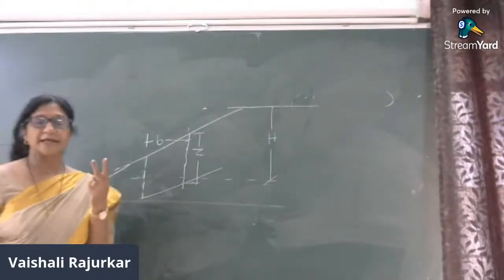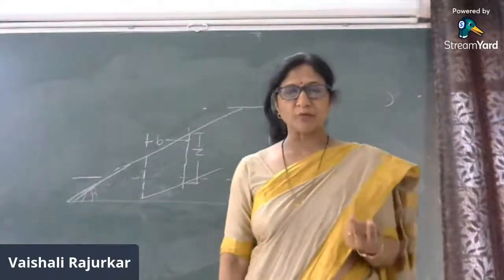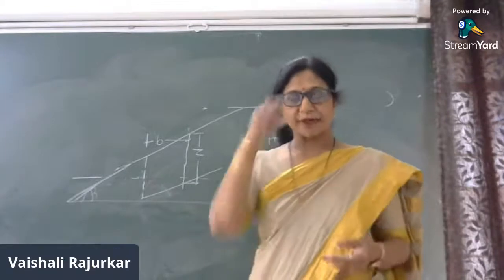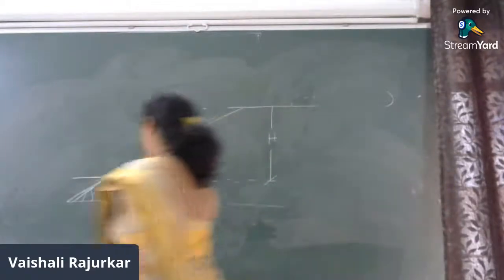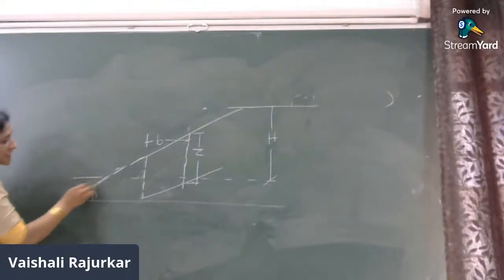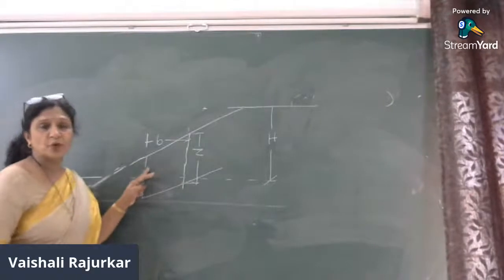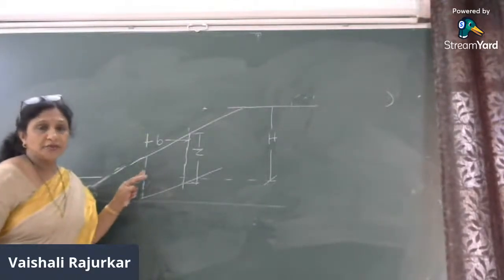Always remember that there are two factors which act on it. One is the activating moment and the other is the resisting moment. Now tell me which one is the activating moment. The activating force is the force which is responsible for causing failure. So which part is more dangerous, which will cause failure of the structure?